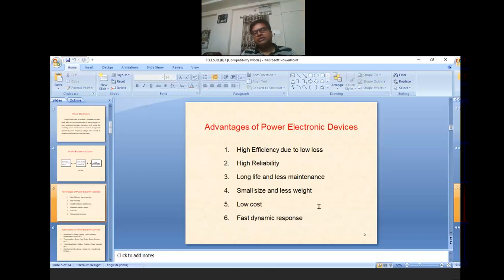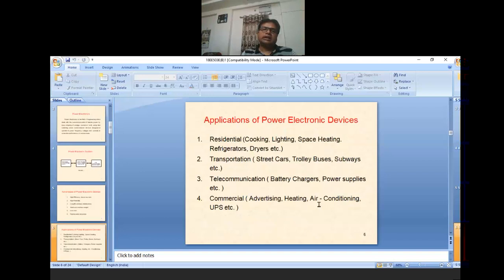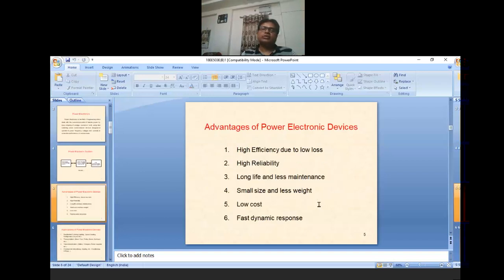All these are advantages when compared to the other electrical means used to control voltages and currents in electrical power systems, such as relays, circuit breakers, and other protective and control equipment.